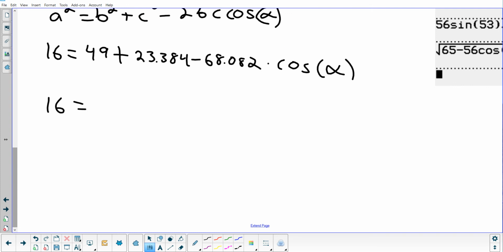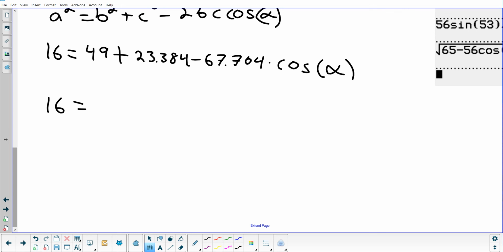Anyone see something I could do on the right-hand side first? I switched around the 6 and the 3, so it's actually 67.704.